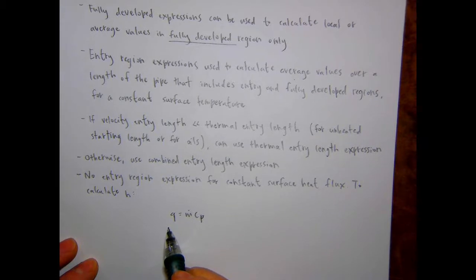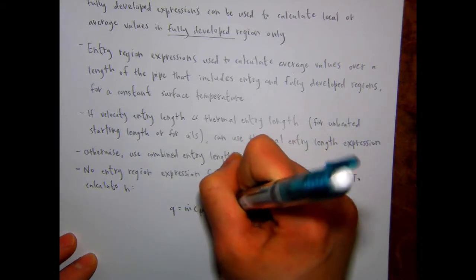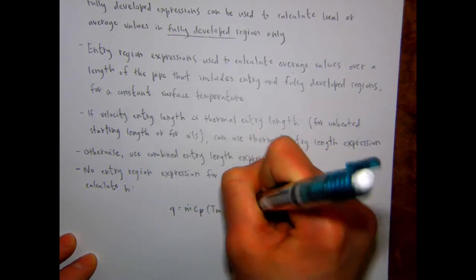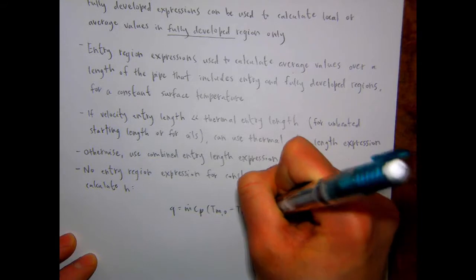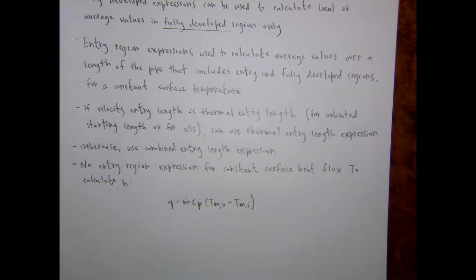What we introduced, I think on Monday or Wednesday, Q dot is m dot Cp times the mean temperature at the outlet minus the mean temperature at the inlet. And we basically said that this right-hand side, m dot Cp T, is the rate of thermal energy being advected past a given cross-section.